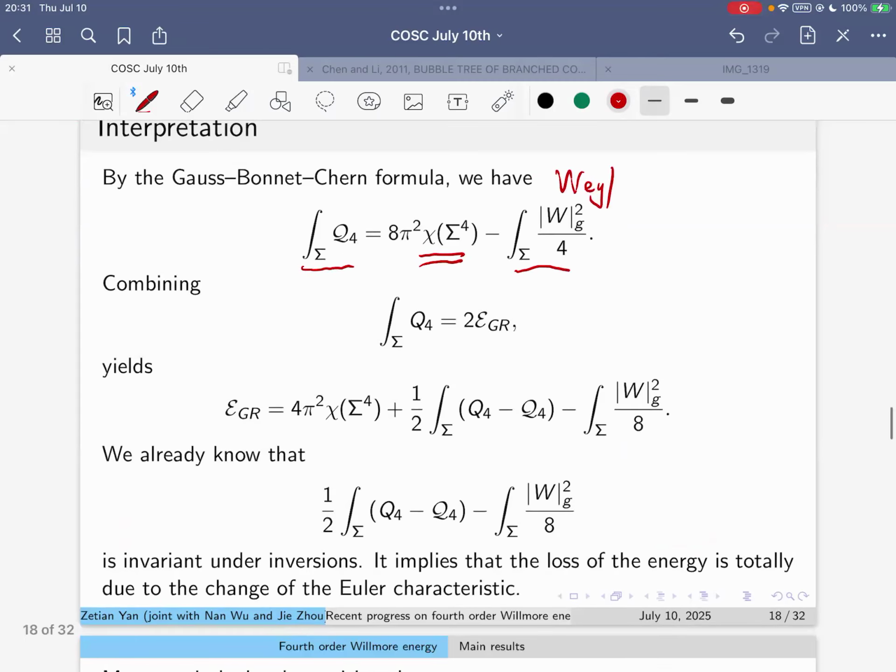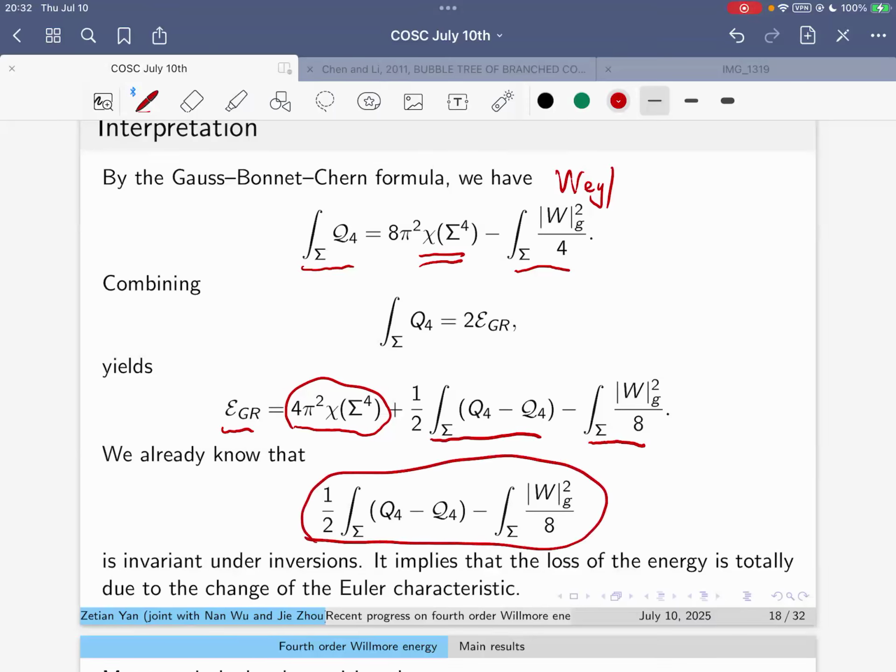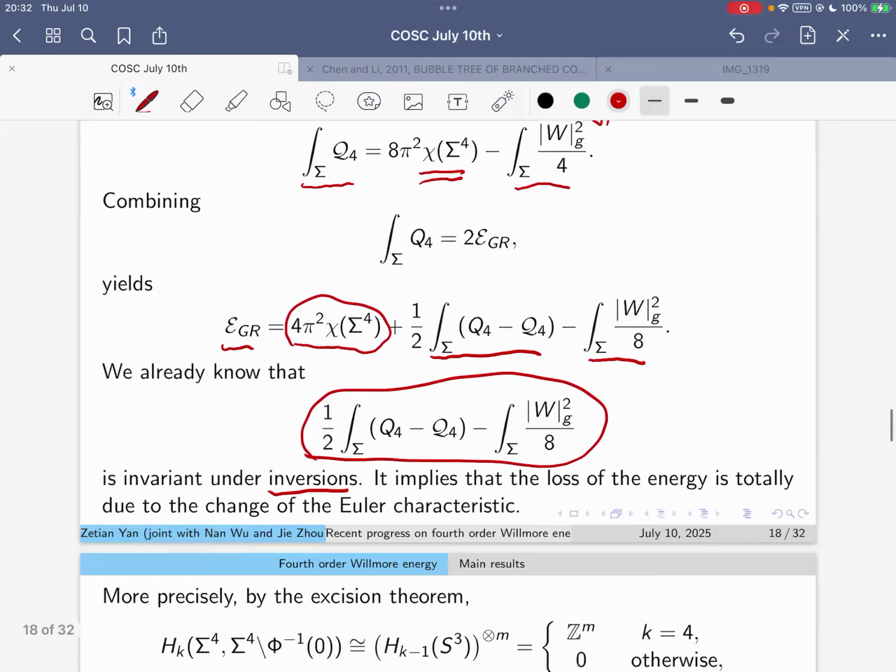So we can say that the Willmore energy's leading part is exactly the Euler characteristic and their difference and the Weyl tensor. And the last two terms are invariant under inversions. So right now, we only need to investigate the change of the Euler characteristic under the inversion.